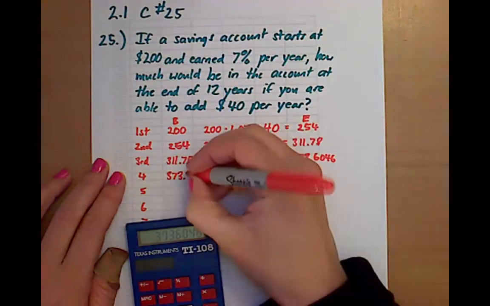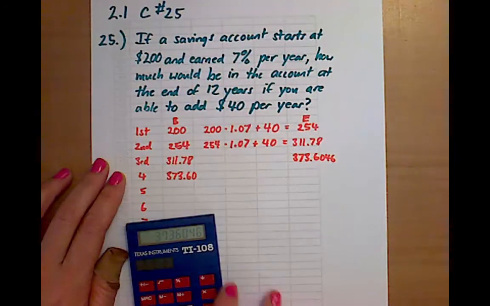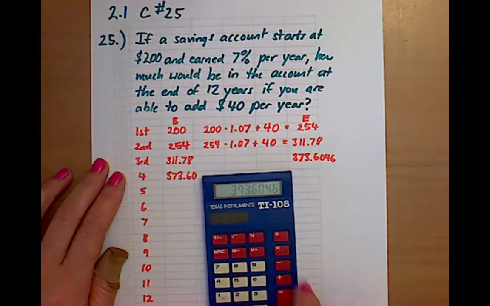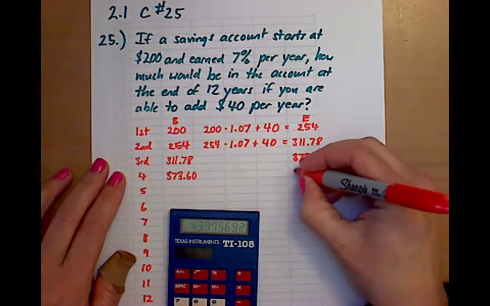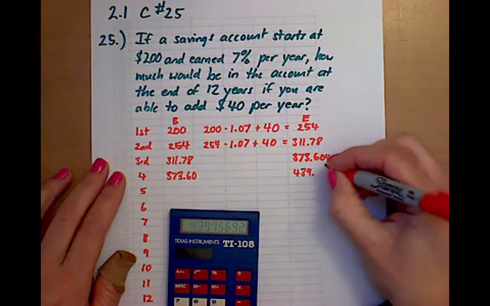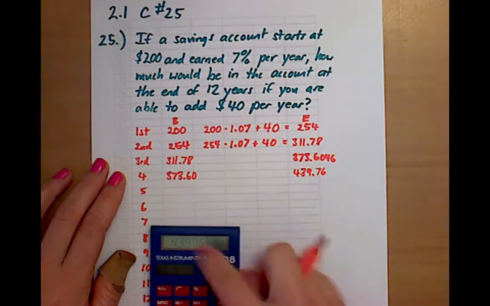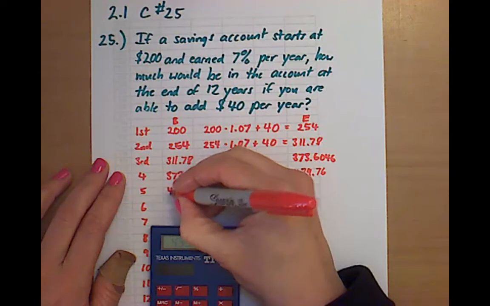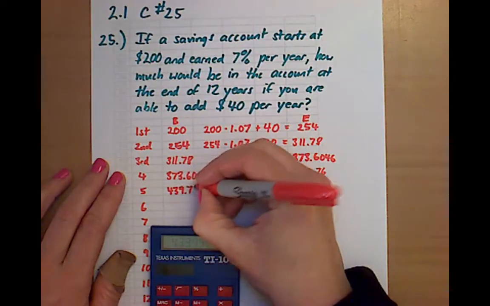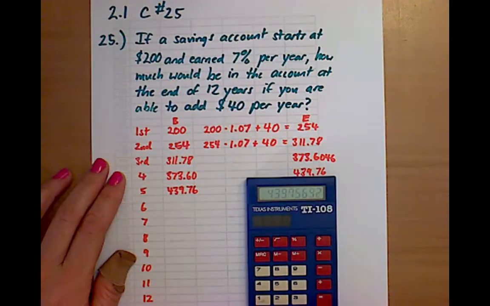373 point, I'm just going to round this, but I'm not rounding it on here, times 1.07 plus 40, 439.76. I'm rounding it when I write it down, but I'm keeping all the numbers on here. 439.76. All right.